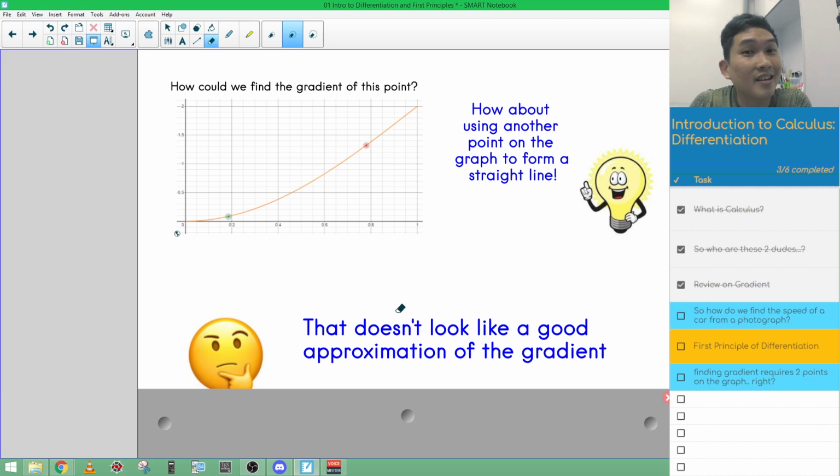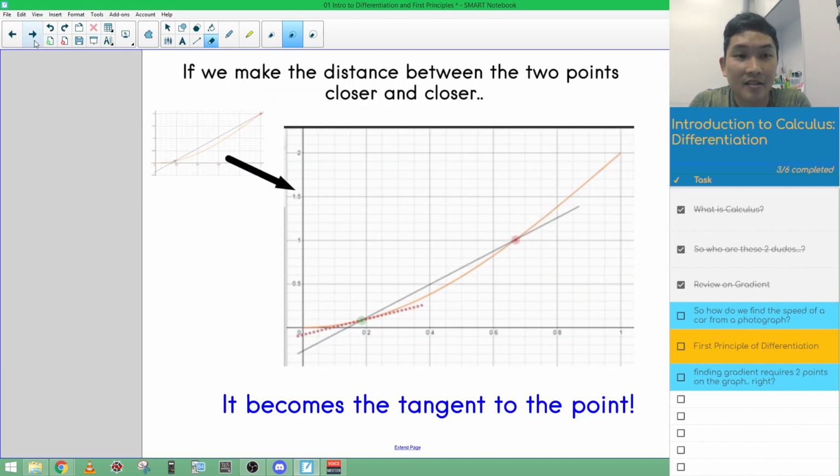So here's where Sir Isaac Newton and Gottfried Wilhelm Leibniz discovered that you can use 2 points on the graph, but all you have to do is bring the 2 points closer and closer to each other. We have another word for closer and closer, starting with the letter A. It is approach.